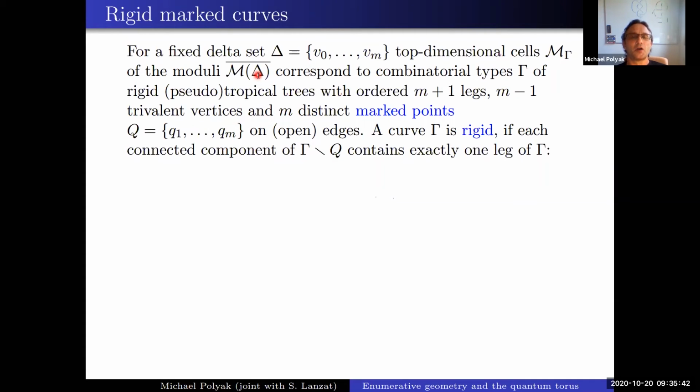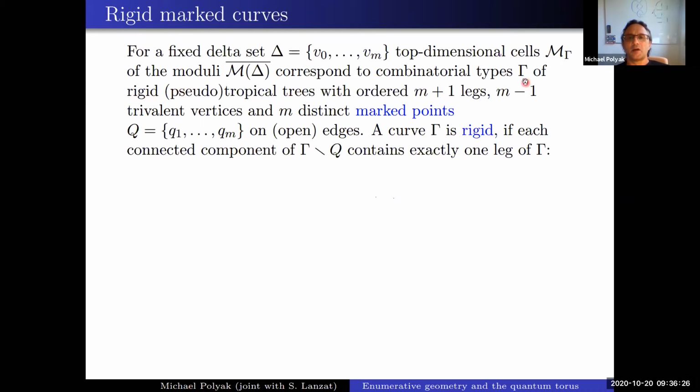So this moduli space, which we will also compactify in the process, let's first start from its top dimensional cells. The top dimensional cells are pretty simple. Each one of these cells corresponds to a combinatorial type gamma of some pseudotropical trees, because we only think about rational curves. We add a certain rigidity requirement, which I will talk about in a second.